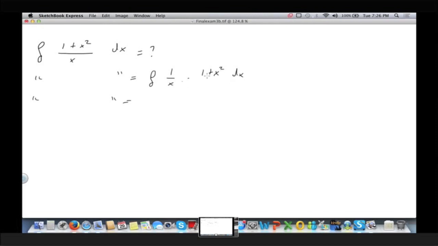This derivative is 2x. Yeah. How do you do this?